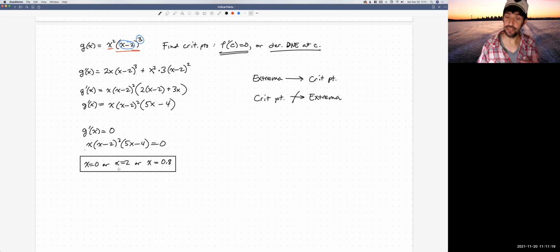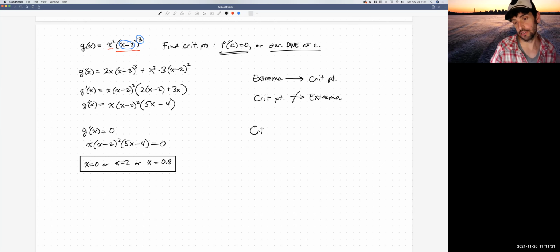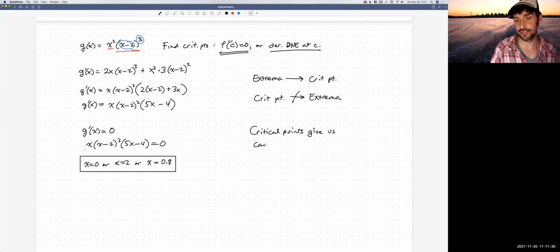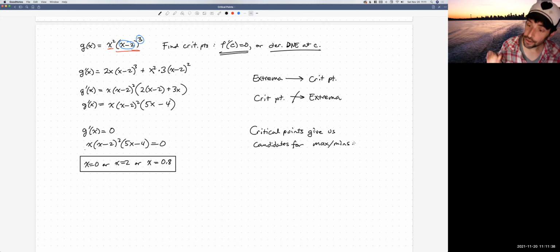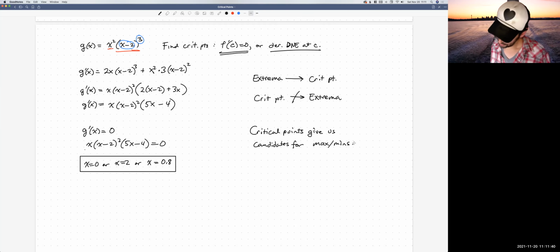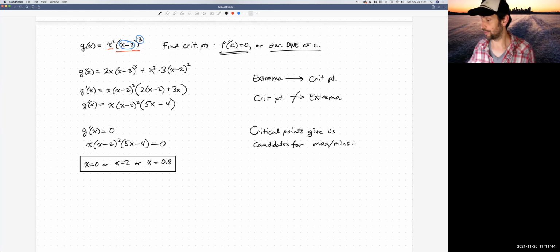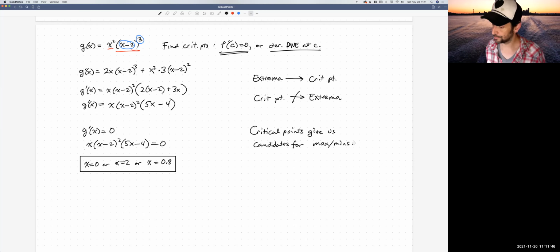What critical points do for us is give us candidates for max, local max and mins, right? They don't have to be local max and mins, but they might be, and they're places worth investigating.